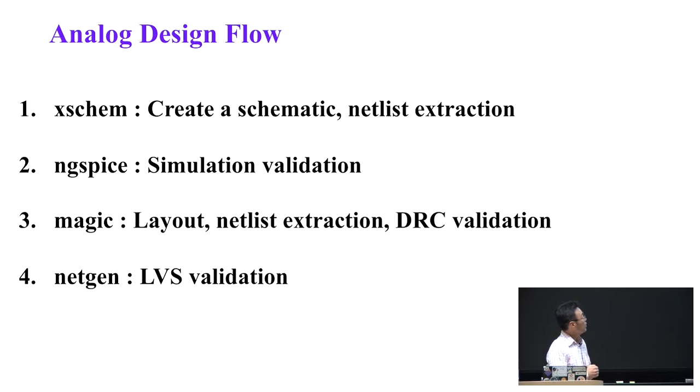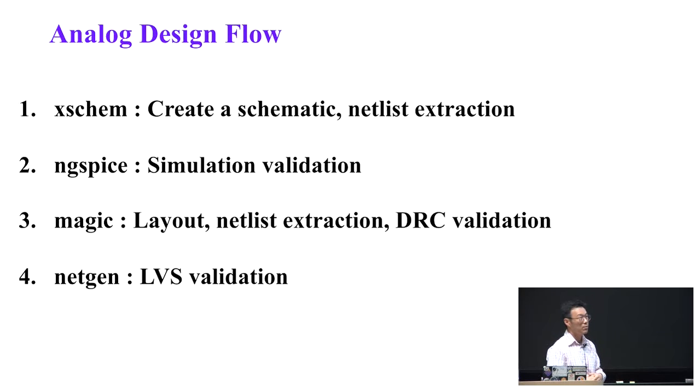We use analog open PDK and open EDA tools, such as Xschem, to create the schematic and then generate the netlist. With that netlist, we use ngspice for any simulation.